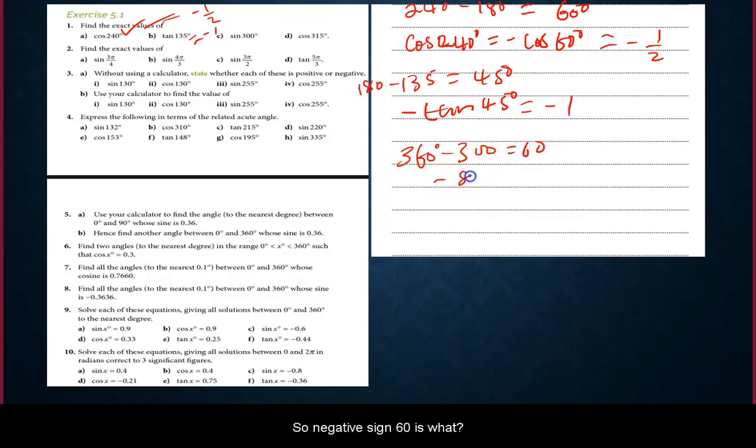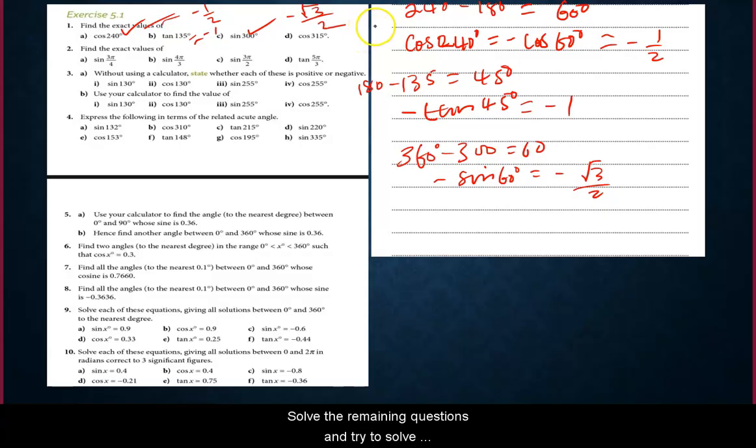So negative sine 60 is what? Negative root 3 over 2. So sine 300 is negative root 3 over 2. Solve the remaining questions and try to solve following the steps that I have indicated.